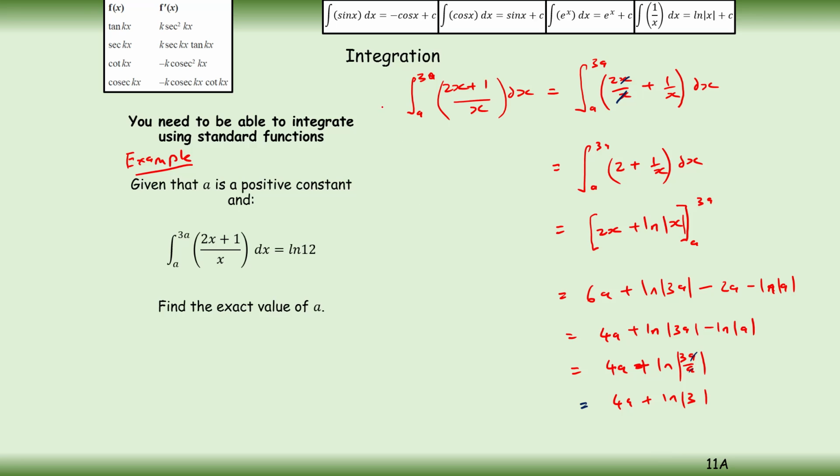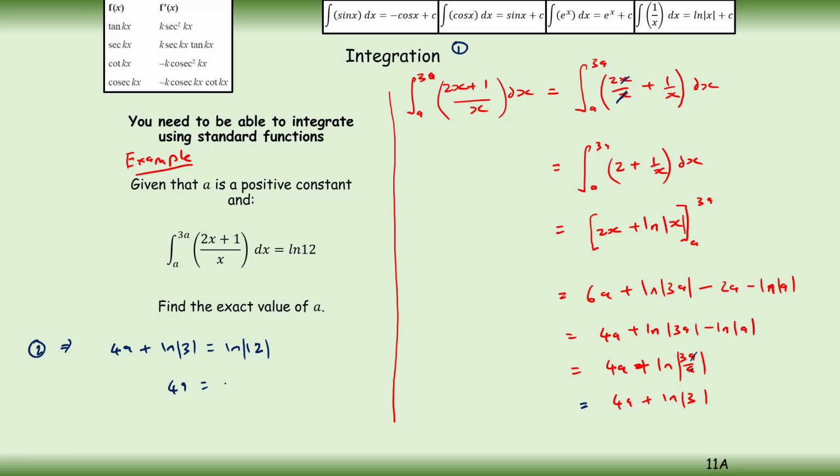Right, I am going to change the color of my pen now and do this second section over here. So if we call this part 1 and then part 2, that implies that 4a plus log of 3 is equal to log of 12. I don't need my modulus signs anymore, they're both positive.